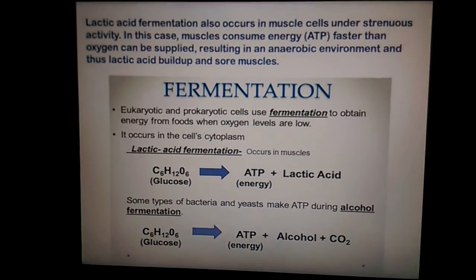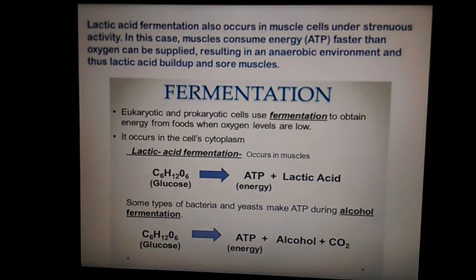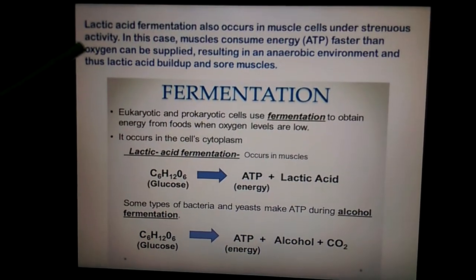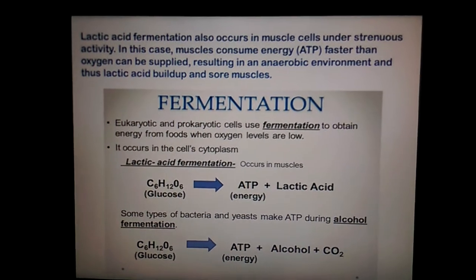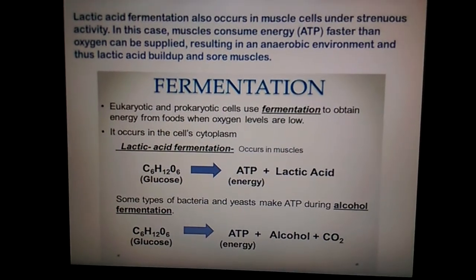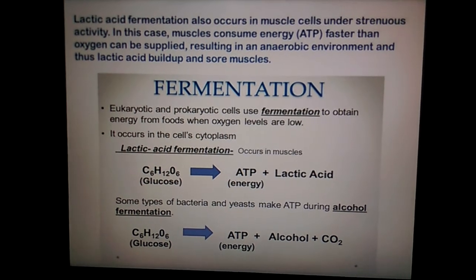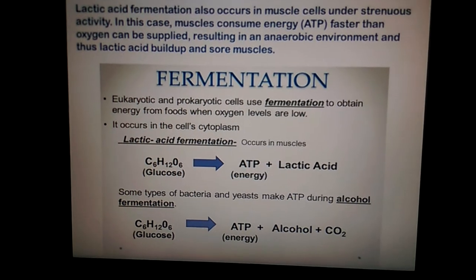When our muscles are very stressed or when we exercise, muscles consume energy or ATP faster than oxygen can be supplied, resulting in an anaerobic environment and thus lactic acid buildup and sore muscles.